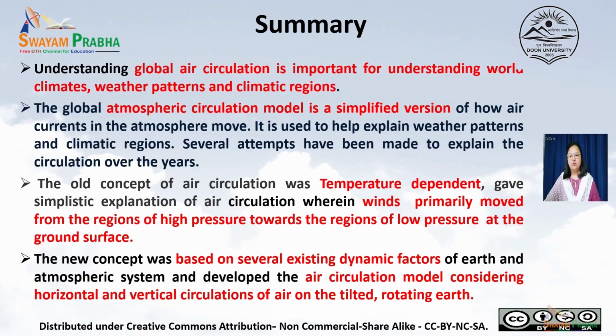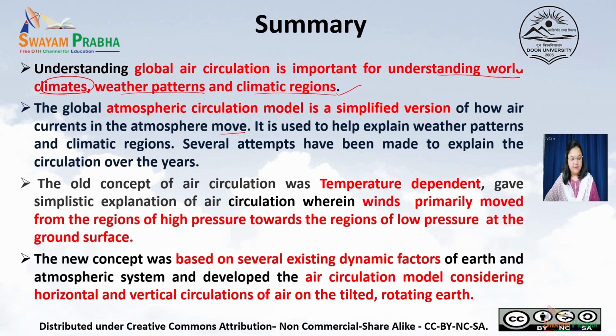Summarizing the video now, understanding global air circulation is important for understanding world climates, weather patterns, and climatic regions across latitudes. The global atmospheric circulation model is a simplified version of how air currents in the atmosphere move.